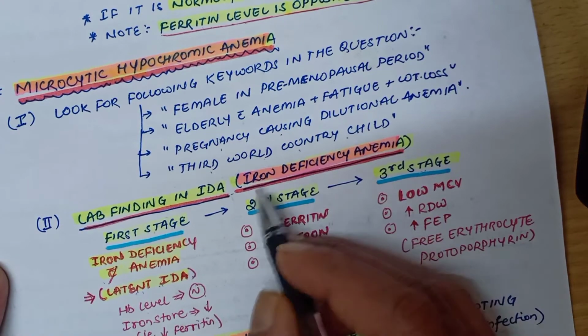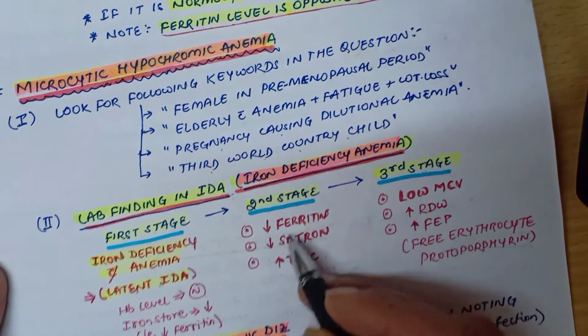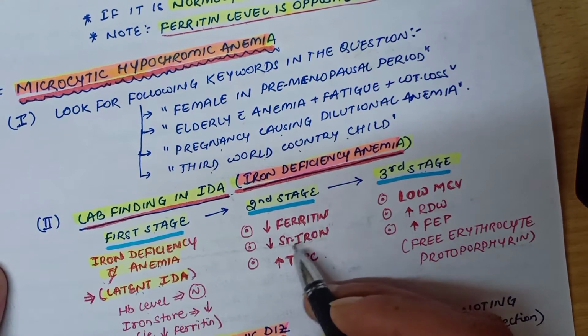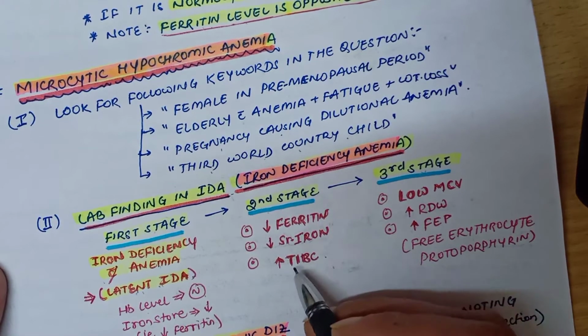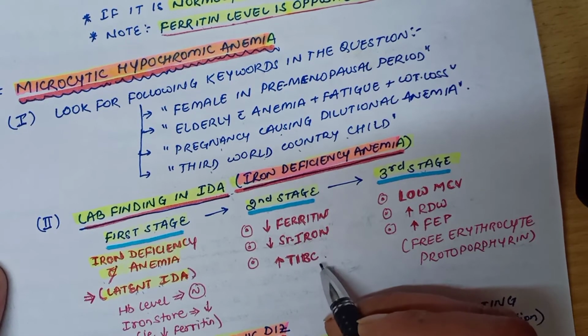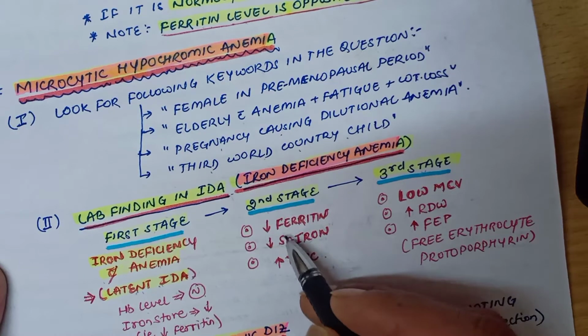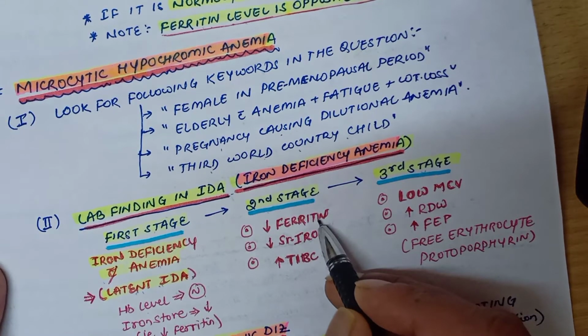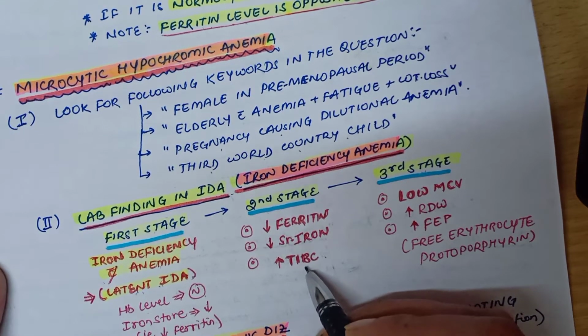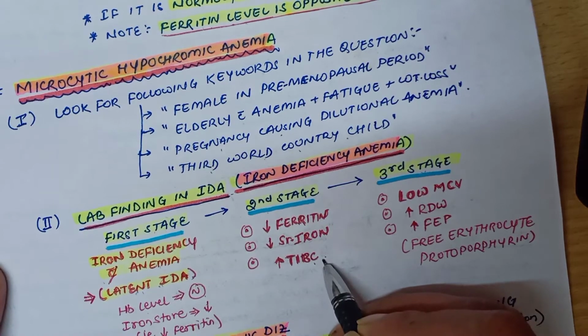And in the second stage, there will be decrease in ferritin, there will be decrease in serum iron, and there will be increase in total iron binding capacity. So whenever there is decrease in ferritin level, there will be increase in total iron binding capacity.